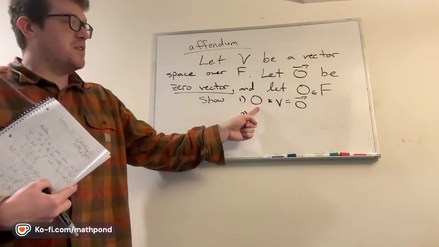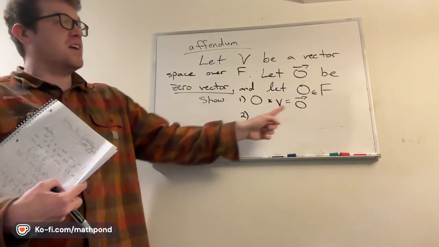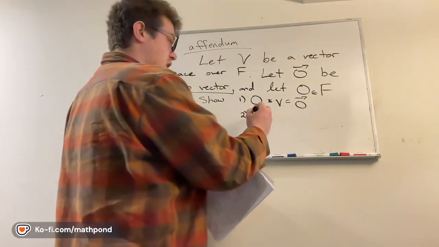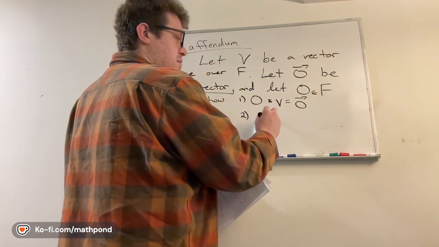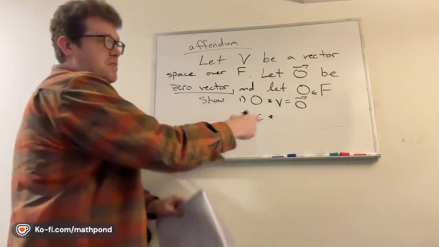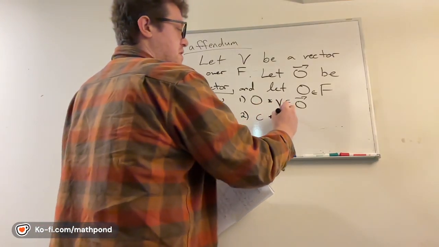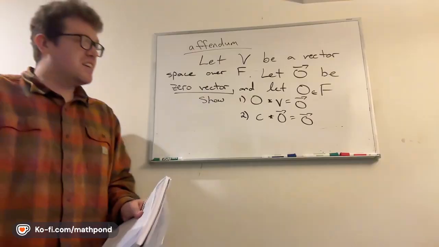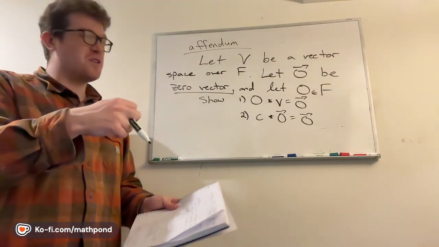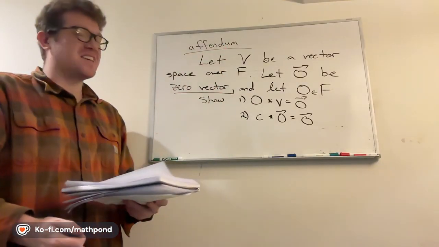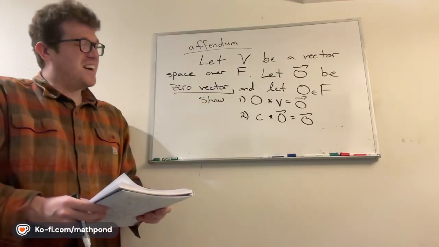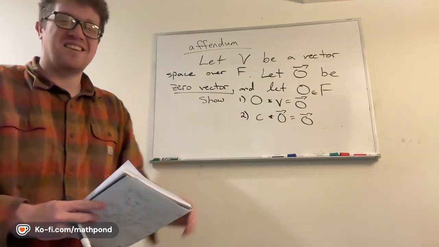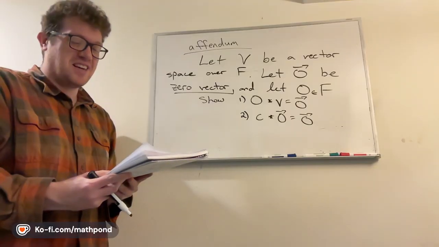So the first statement is saying if we scale a vector by 0, we get the 0 vector. So that's kind of interesting. If we scale by any scalar the 0 vector, we also get the 0 vector. So basically, there's no way to scale the 0 vector out of being 0. Like somehow you multiply it by infinity or something. Maybe then you get out of the 0 vector, but infinity is not a scalar.